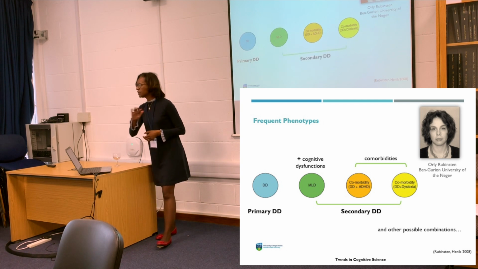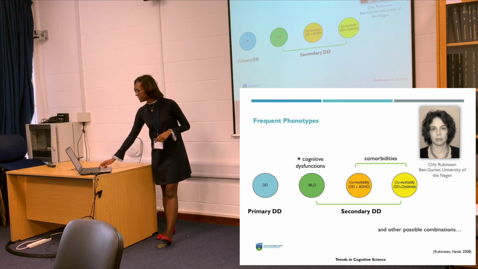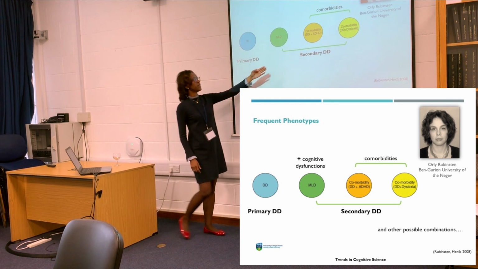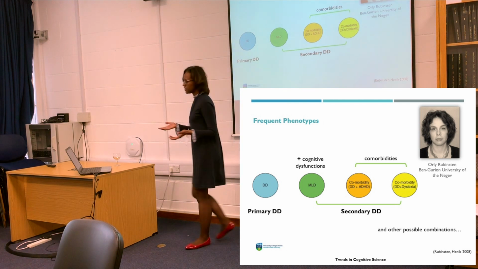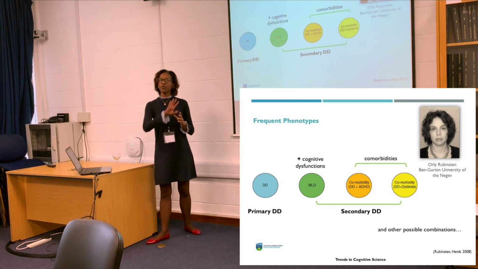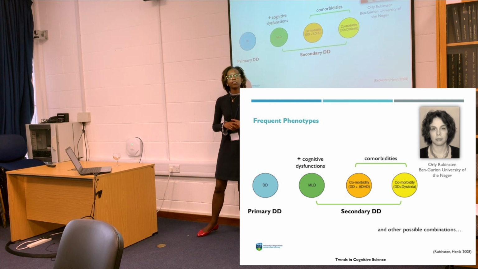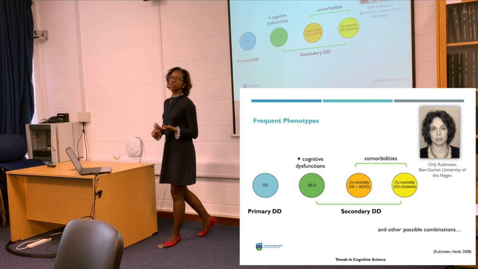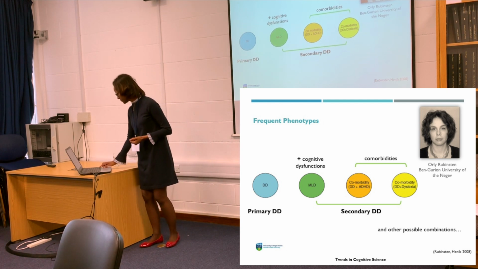But for any other combination, we call it secondary DD. So you might have comorbidities like ADHD and dyslexia and other neurodevelopmental disorders, or the child doesn't have them but presents deficits in cognitive functions like working memory, attention, visual spatial, and so on.